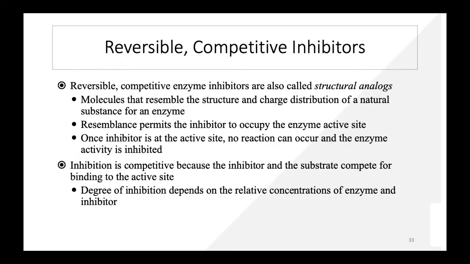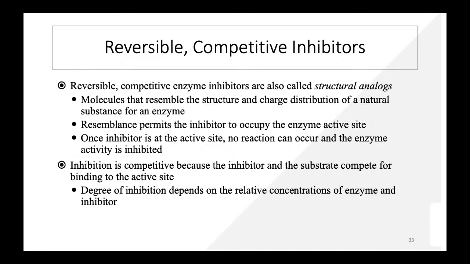Basically, they just act like a substrate, like a decoy. So it doesn't let the substrate attach, and once the inhibitor is at the active site, no reaction can occur and enzyme activity is inhibited at the end.